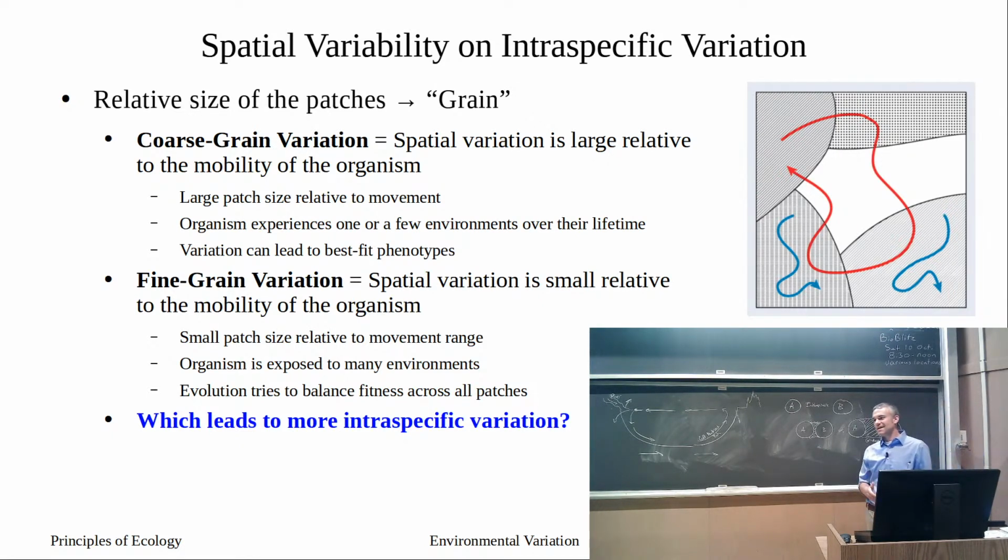These names went back to the day of film, like actual film that you put in a camera. So you had different speeds of film. Speeds were related to the grain size on that film, and sometimes you see grainy pictures, sometimes you see crystal clear pictures.